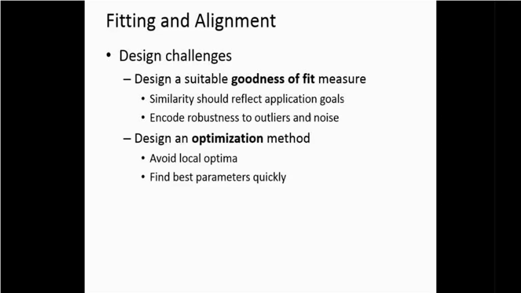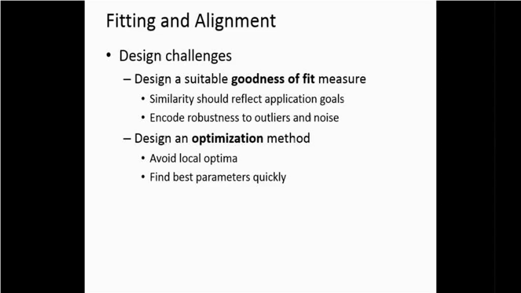Another key design challenge is designing the optimization method. So once you know what your model is and you know how to say whether your model is good, then you need to try to solve for the parameters of the model that maximize your goodness of fit. And sometimes it's pretty simple, like in least squares methods, and other times it requires some kind of more complex strategy, doing a grid search, doing beam search, doing some nonlinear optimization, and so on.